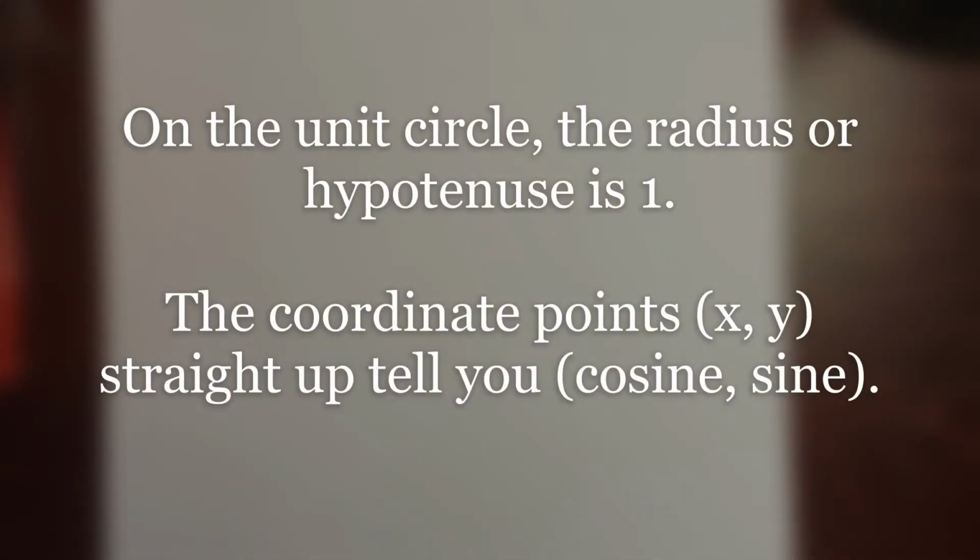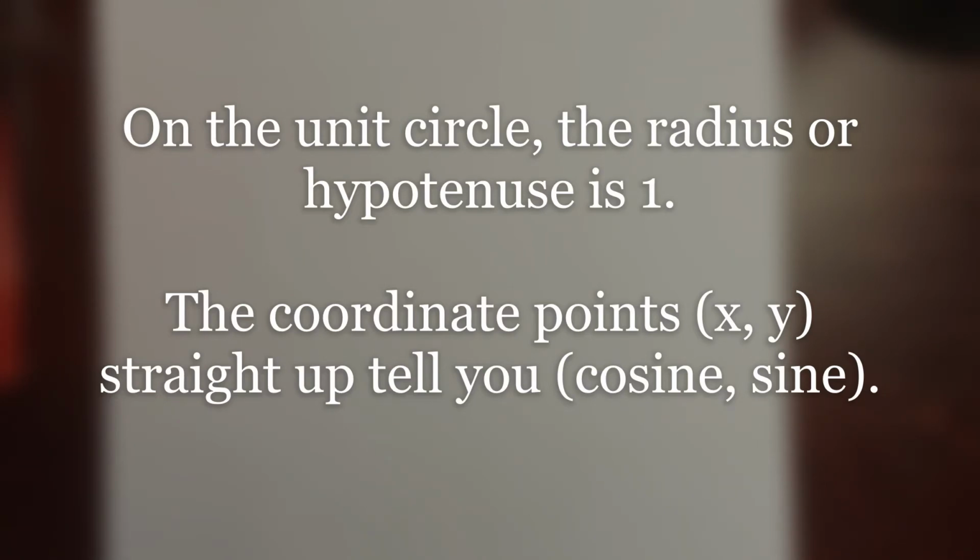Okay, before we do this last example, we need to talk about the unit circle very briefly. You may not know what the unit circle is, and that's okay, but all you need to know right now is the unit circle has a radius of 1. Why does that matter? That means that our hypotenuse will always be 1. On the unit circle, your coordinate points x, y straight up tell you your sine and cosine values because your hypotenuse is 1.